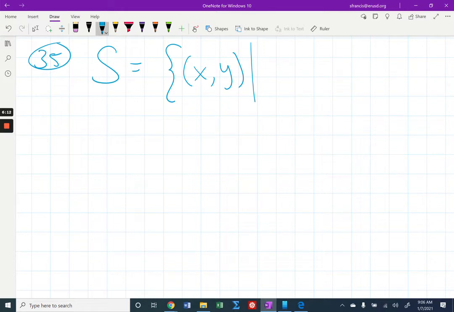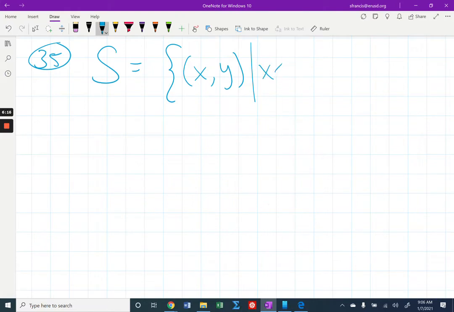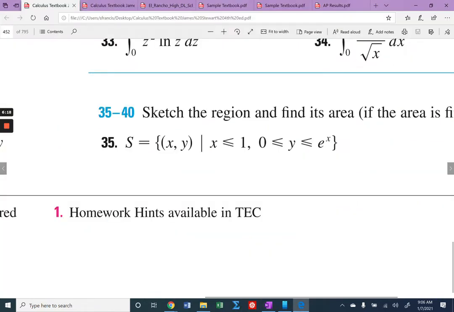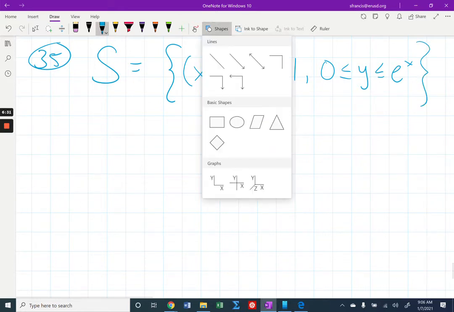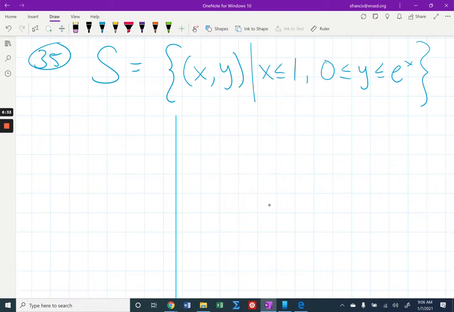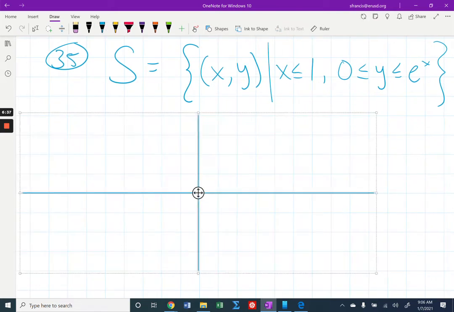is giving us the conditions that x is going to be less than or equal to 1, and y is going to be between 0 and e to the x, inclusive. So if you think about an xy plane, this is where we're getting this from.